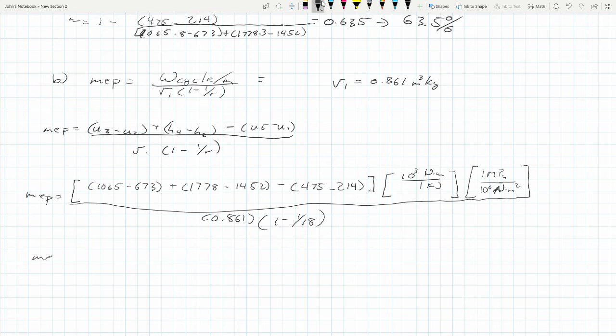So the mean effective pressure is 0.56 megapascals.